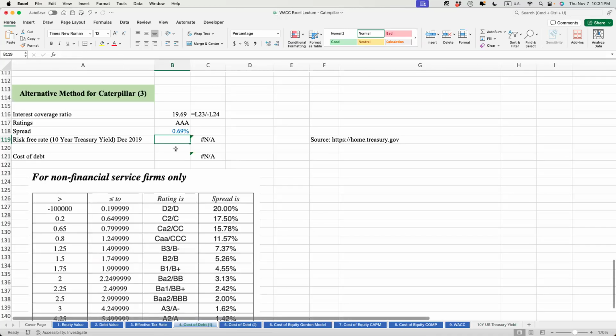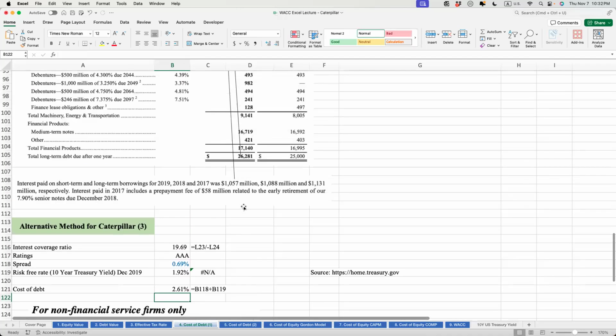Then we come back here and plug in this 1.92%. Combine these two together, and you get your approximation for the cost of debt using this synthetic credit rating method. So this is equal to 0.69% plus 1.92%, and that gives you 2.61% cost of debt using this method.